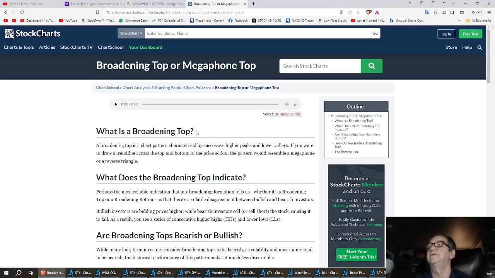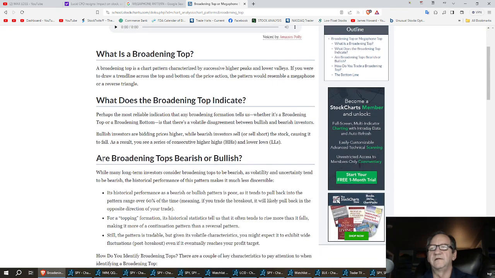What is a broadening top? Broadening top means the higher highs keep going, which someday, if you're a day trader, you're going to break that and it's going to fall on you. So you want to keep counting that broadening. You want to say, okay, with experience, you know it's time to get out of the trade. It indicates bullish and bearish investors are battling it out.